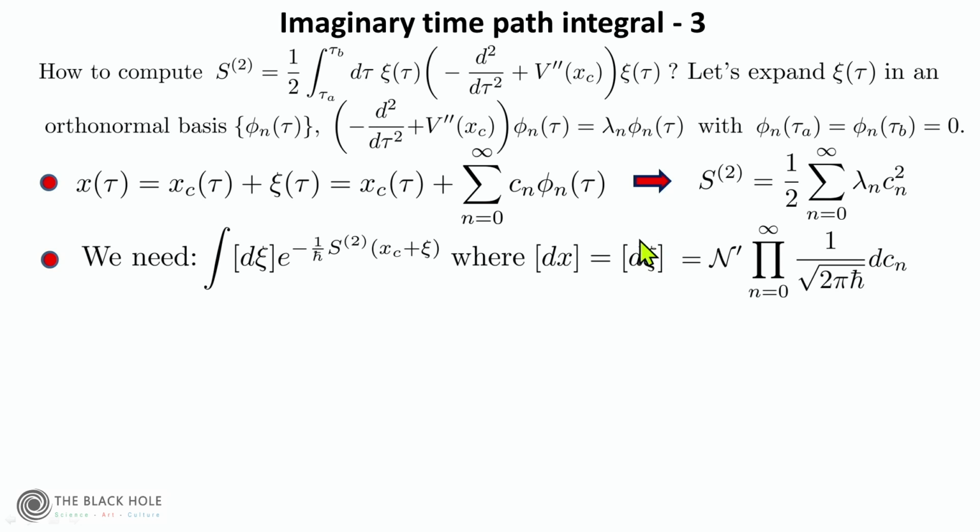So if I integrate over all deviations, that means I have to integrate over all coefficients, Cn over here. And I can always put a normalization constant like this over here. There's no problem about that. That simply redefines what Cn is. I could have put it over here equally, but it doesn't make a difference.